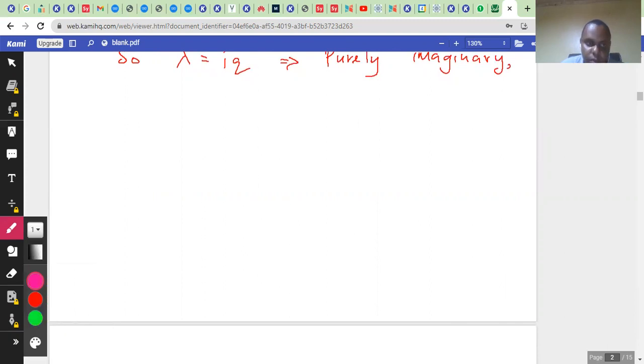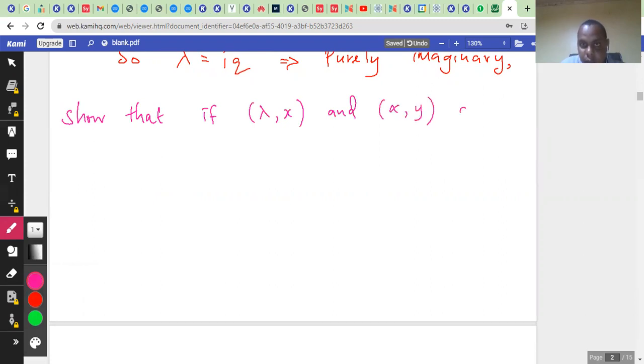No. Show that lambda x and alpha y are any two E pairs of a Hermitian matrix.